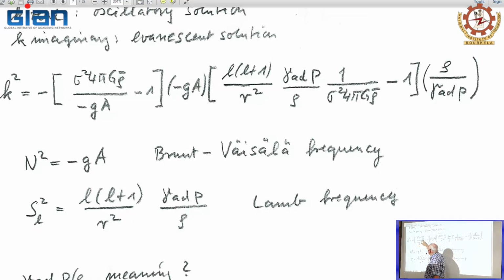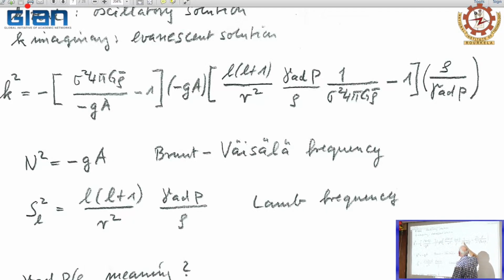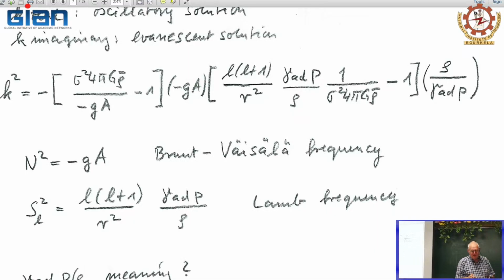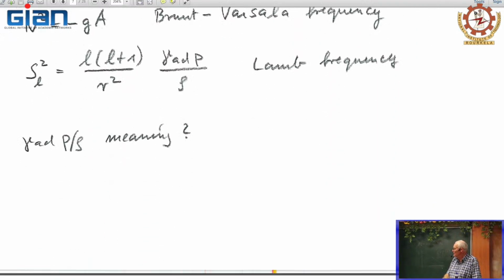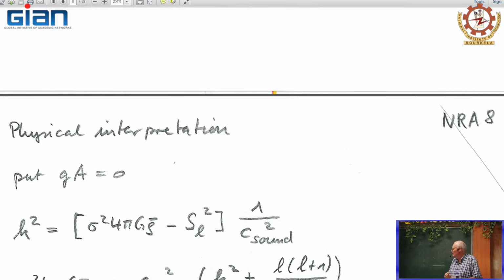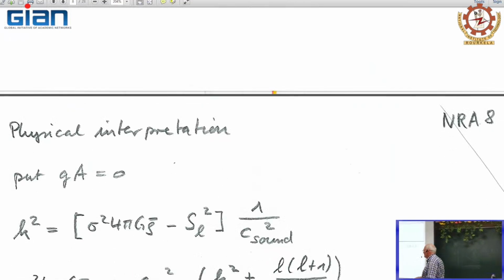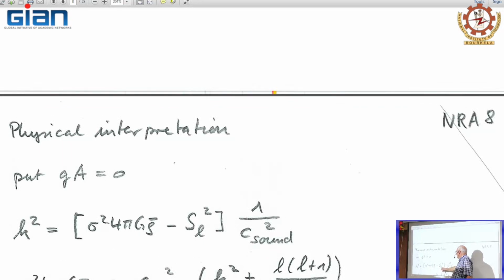And this frequency might be multiplied into this bracket. Then we have the Lamb frequency minus the frequency. So we end up with another dispersion relation, which looks simpler, which is sigma squared minus the Lamb frequency squared, times 1 over sound speed squared, is equal to k squared.